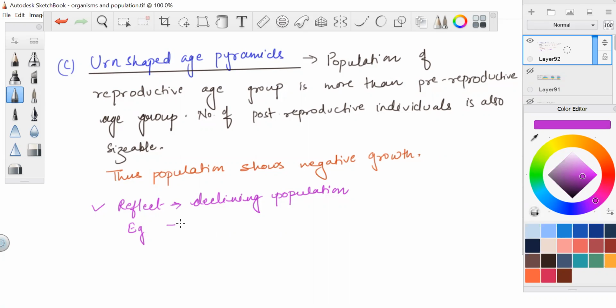But even in Europe, like Italy. So Italy also has. Korea, Japan, Italy. Okay, they have declining, negative growth.